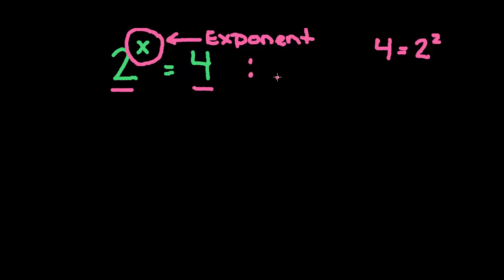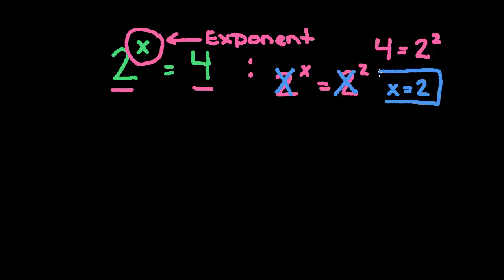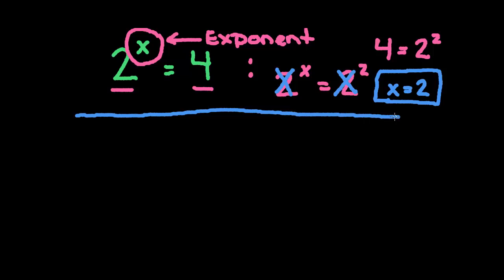So we could rewrite this problem as 2 to the x is equal to 2 squared, and then that allows us to cancel out the bases because they're the same and just look at the exponents themselves, and we get x equals 2. Now that is not the type of problem we're going to solve in this lesson, but that is one of the two ways to solve exponential equations.